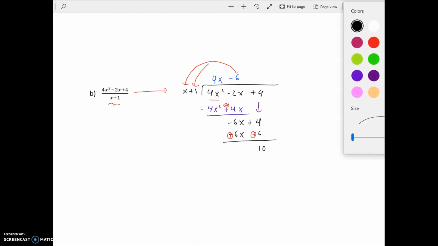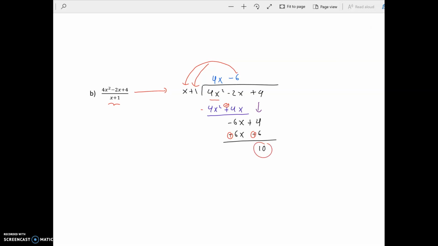Once we reach the constants, this one represents your actual remainder. So for your final answer, you would say that 4x squared minus 2x plus 4 divided by x plus 1 is equivalent to 4x minus 6 plus 10, your remainder, over x plus 1, as long as x cannot equal negative 1.